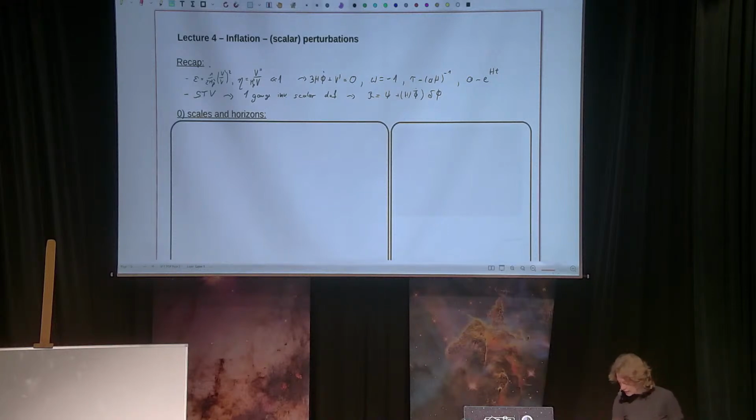And what we want to do today is now really dive into these perturbations and see what sort of perturbations inflation predicts and how we can compare those to observables in the CMB.